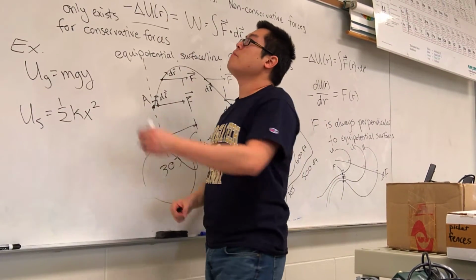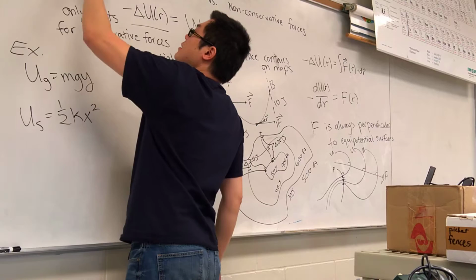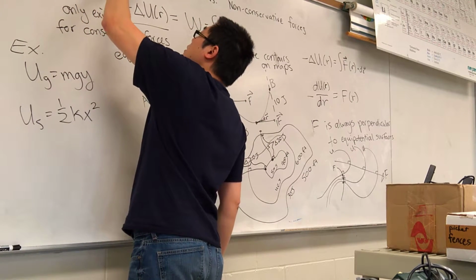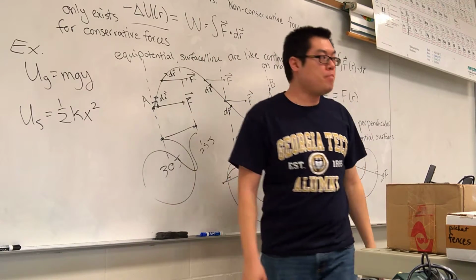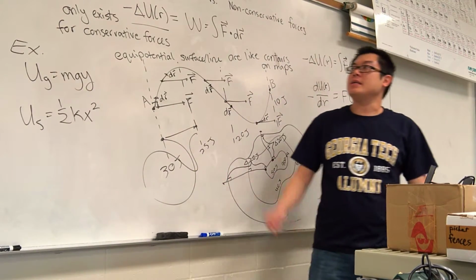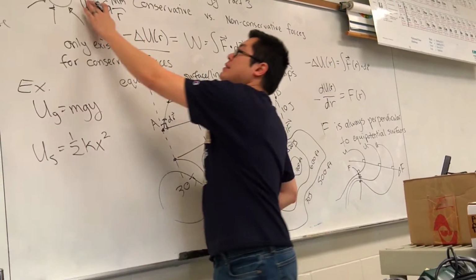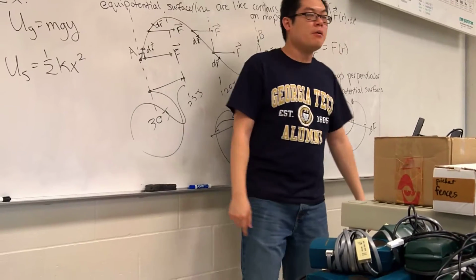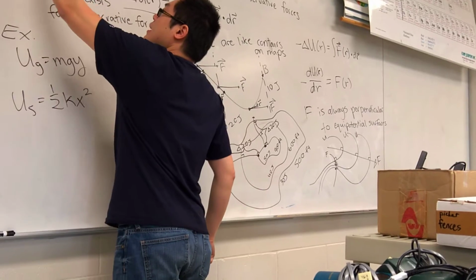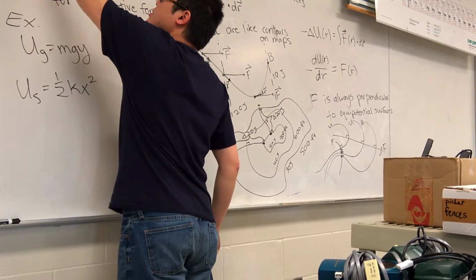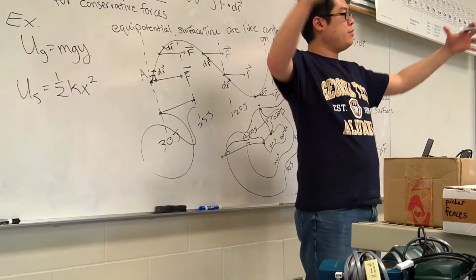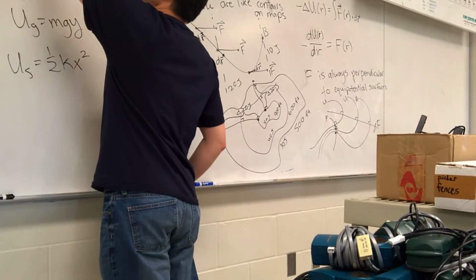And so you can look at the gravitational potential energy. It looks like that. And it's interesting to look at why it's negative. I'll explain that later. But basically, you can look at these concentric spheres of equal potential surfaces. And the graph of it is kind of like this.